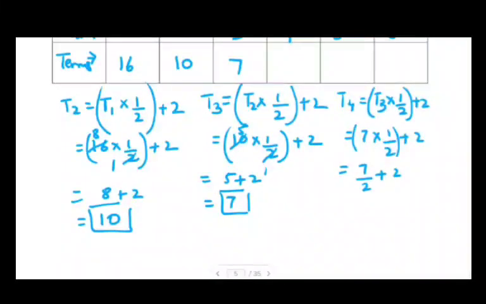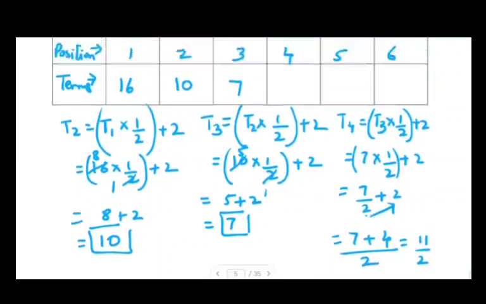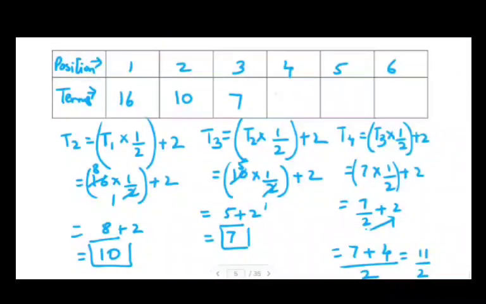In one of the previous sums, remember I told you, you have to multiply the denominator with the whole number. So 7 plus 2, 2s are 4 upon a common denominator 2, which is equal to 7 plus 4, 11 upon 2. Either you write 11 upon 2 or you can write 5.5.